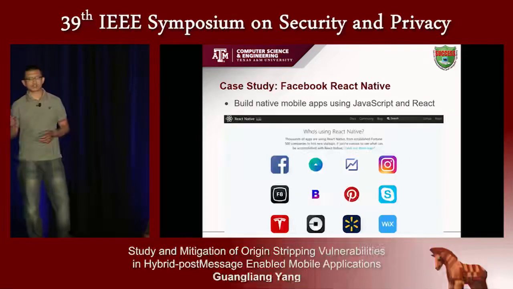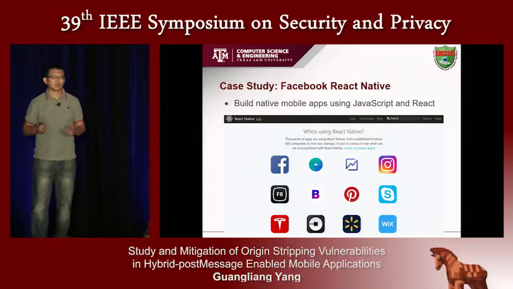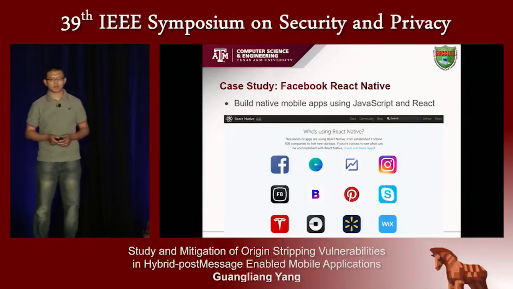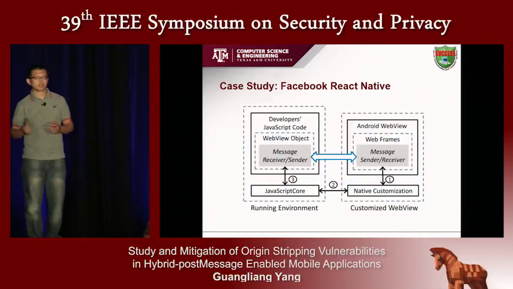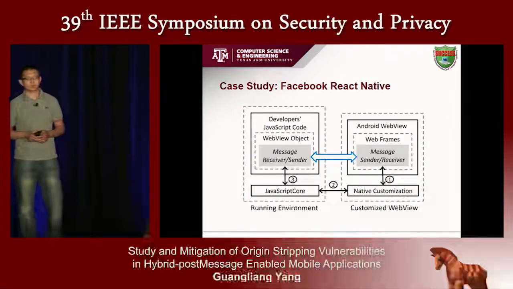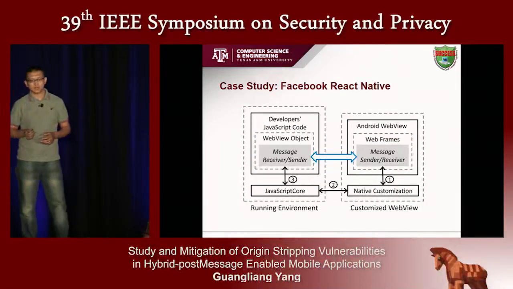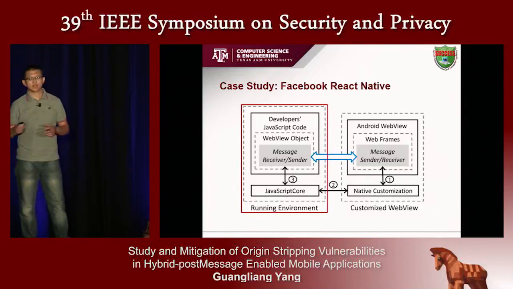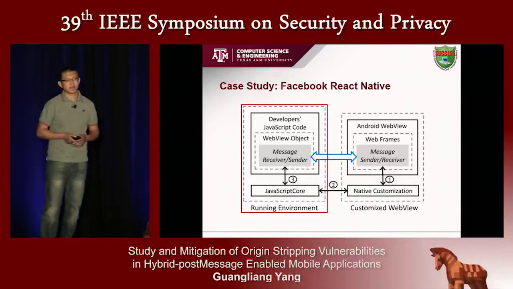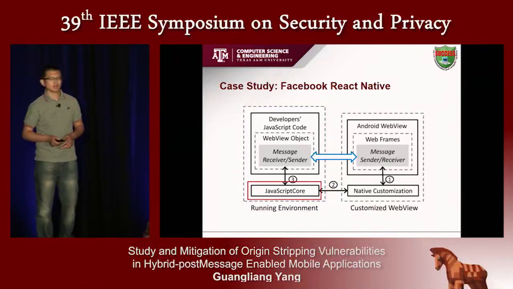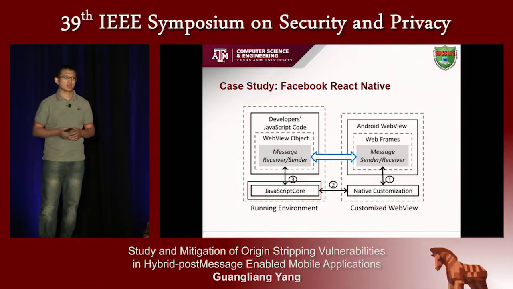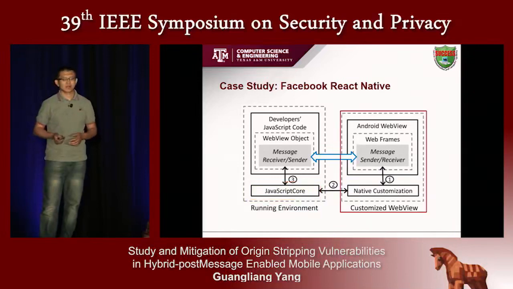This picture shows that many popular apps are using this framework. This picture shows the architecture of the framework, and the left box is the running environment of the developers' JavaScript code. At runtime, this JavaScript code will pass through a JavaScript engine, and the engine will communicate with the Android system and create the app content dynamically.